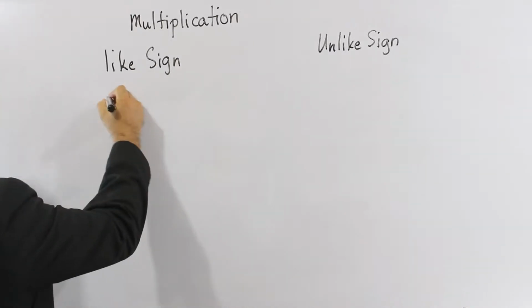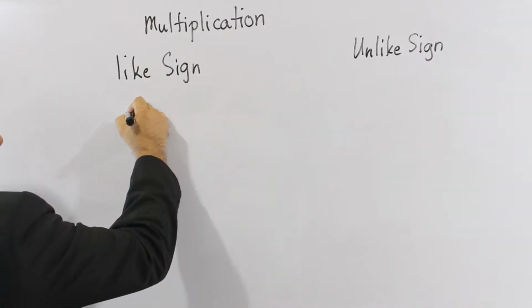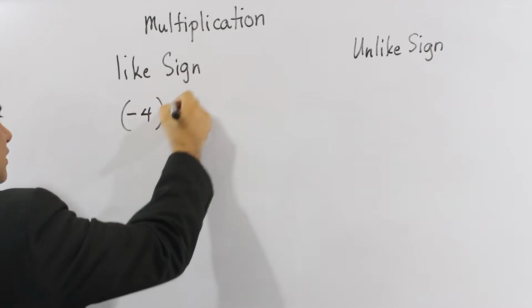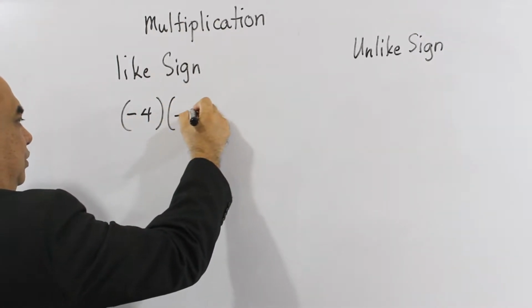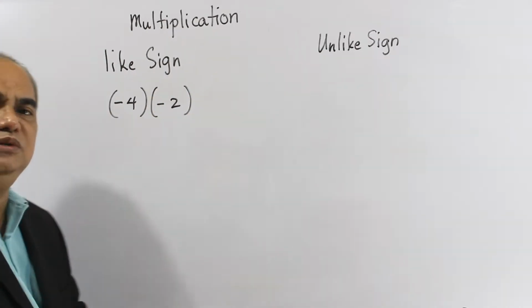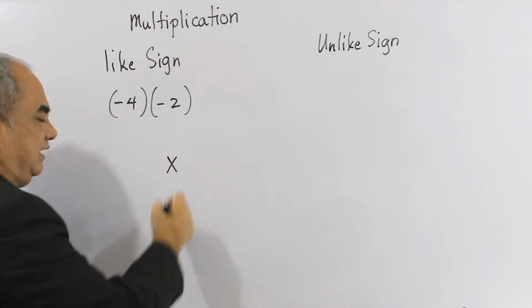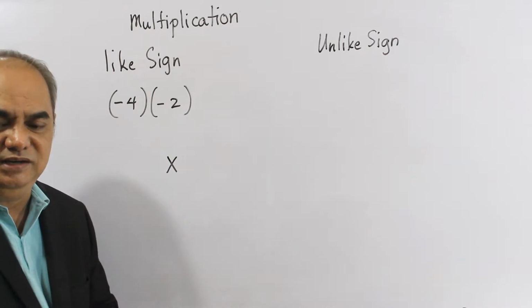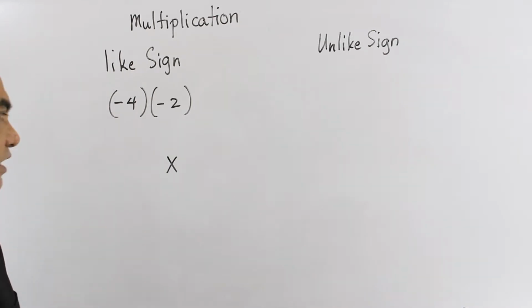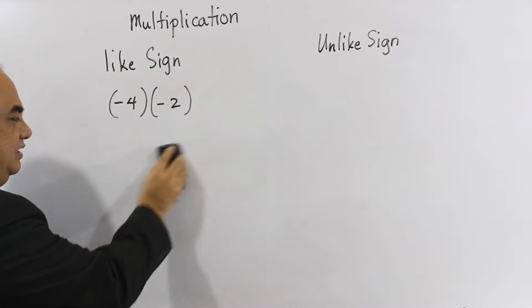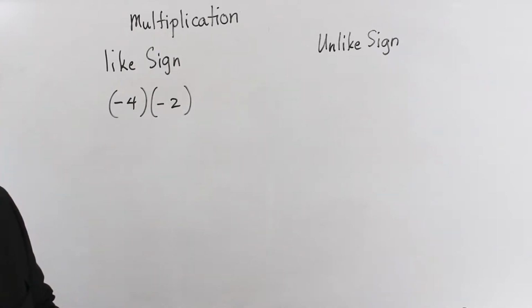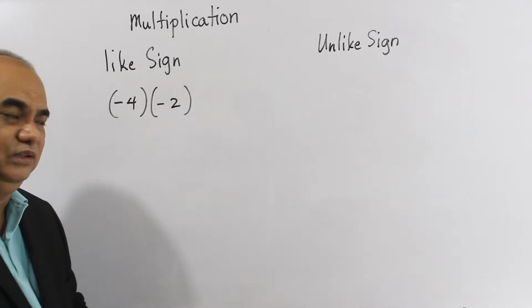Example. When we multiply negative 4 multiplied by, let's say, negative 2, as you can see, we don't use the multiplication sign like x anymore here, because we are now in algebra. In algebra, x becomes a variable and not an operation of multiplication.